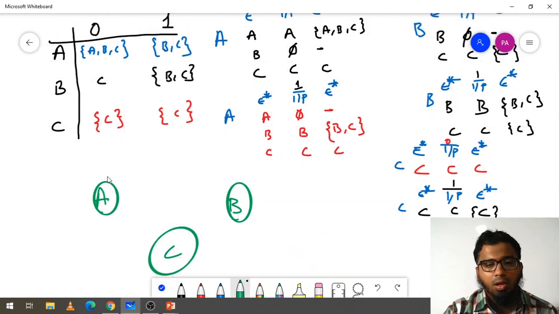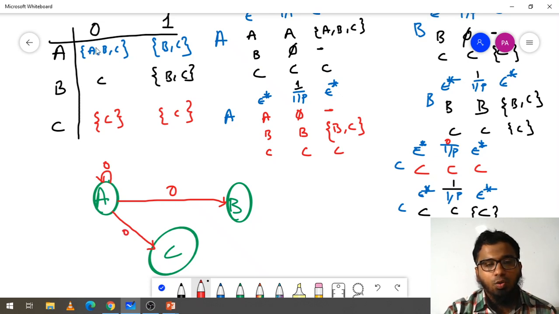First, A on 0, where is it going? It is going to A, B and C. A on 0 is going to A, and to B, and to C also.